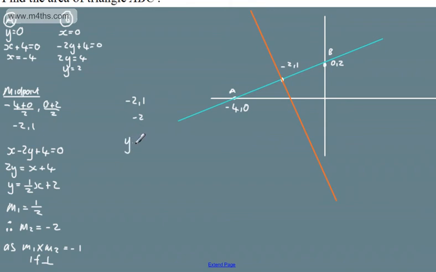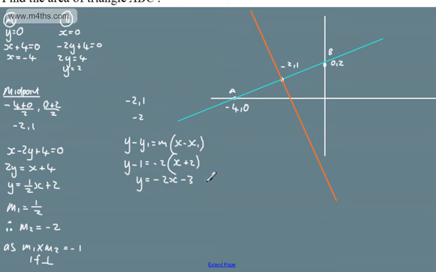So we can use y minus y1 is equal to m times x minus x1, or y is equal to mx plus c. Subbing in, y minus 1 is equal to minus 2 multiplied by x minus minus 2, which will be x plus 2. If we tidy this up, y is equal to minus 2x, minus 4 plus 1, and that gives me minus 3.